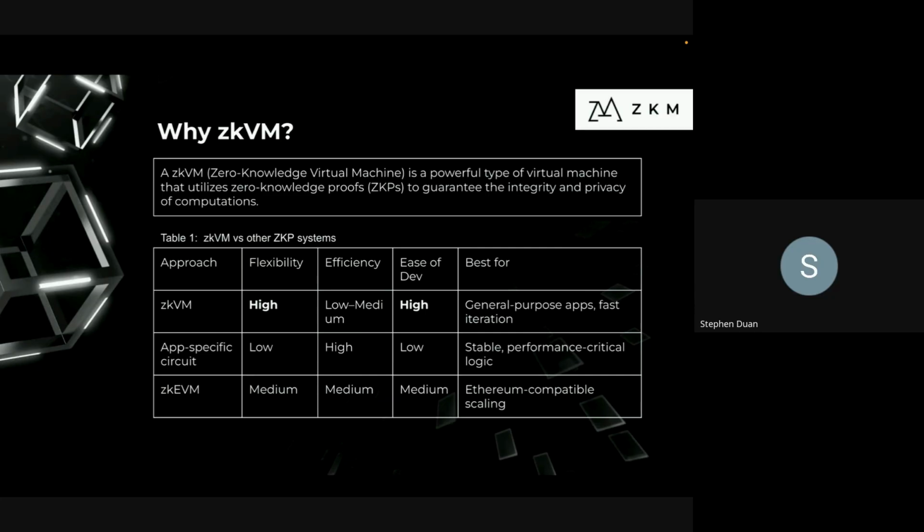The main difference between zkVM and a traditional virtual machine is that it uses ZKP to guarantee the integrity. For example, if you want to calculate something on the cloud, currently we cannot guarantee that the cloud runs your computation according to what you have submitted.